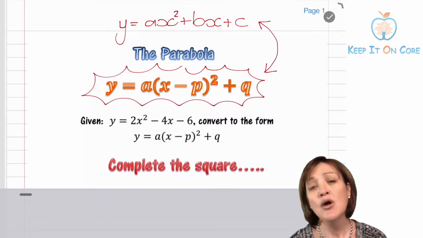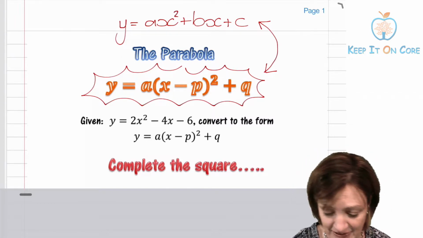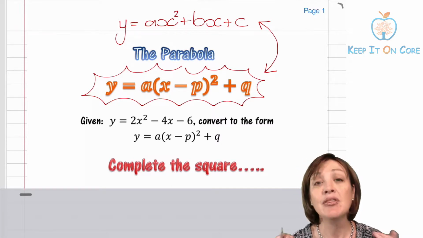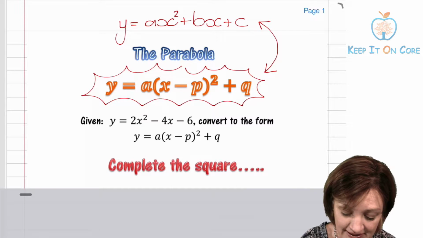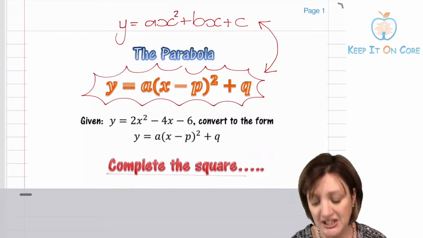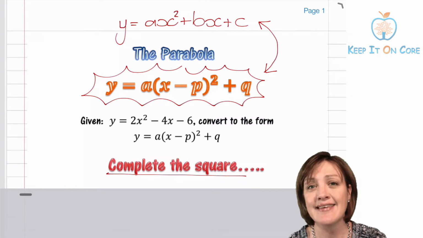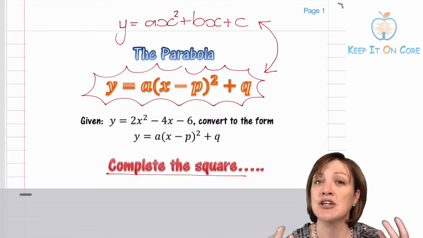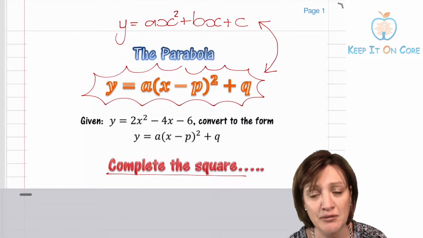To get from the original form to this new form, all we have to do is complete the square. Essentially, the two equations represent exactly the same function. We've just changed the way the equation looks and the variables that it represents.